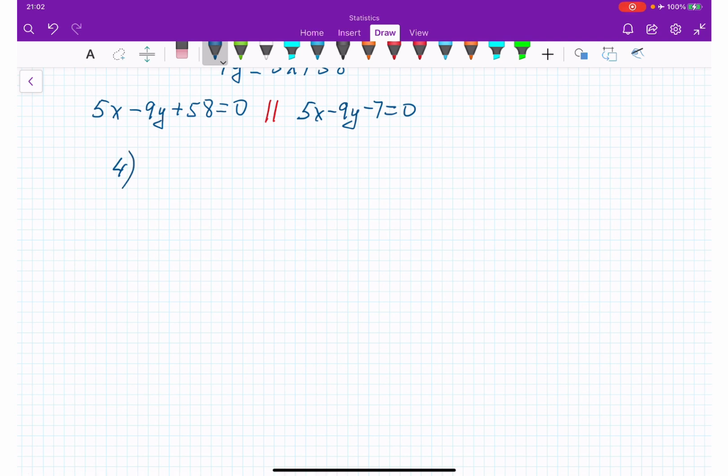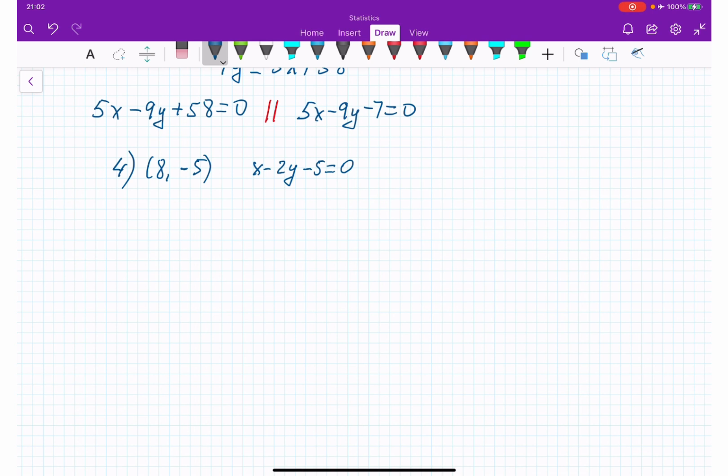So we have the point (8, -5), and we have the equation of the graph x minus 2y minus 5 is equal to 0.